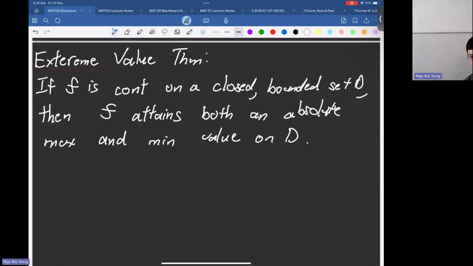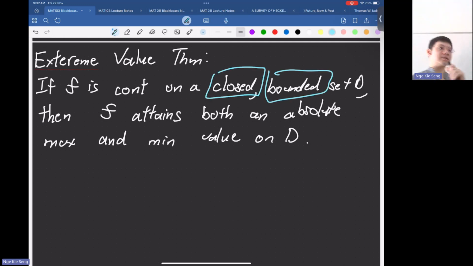So now we'll discuss a little bit on these two conditions here: closed and bounded. Last time we briefly discussed that a closed set should contain all the boundary points. So we'll make these definitions precise, and I'll tell you what bounded means. Bounded in one variable is easy, right?